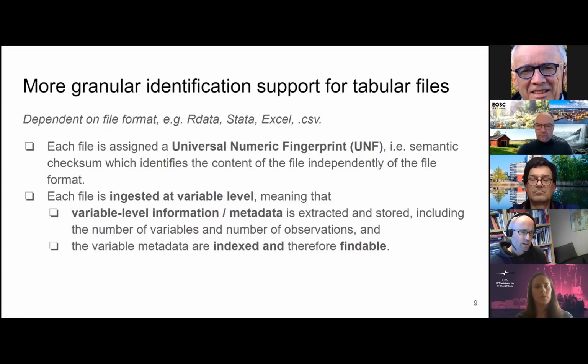Each tabular file of this type is also ingested at variable level, which means that variable level information is extracted and stored, including also the number of variables and number of observations. And this metadata is indexed and therefore searchable or findable.